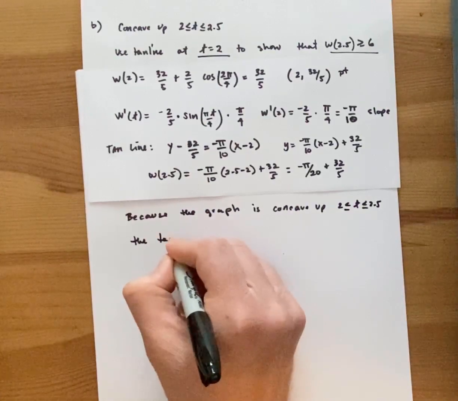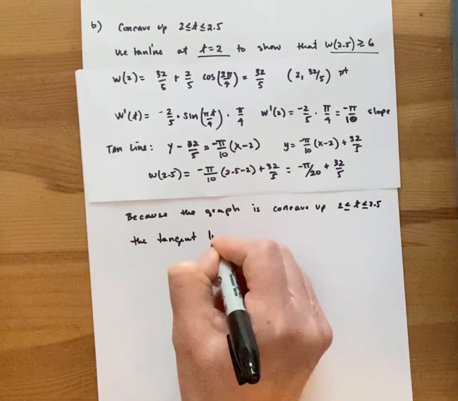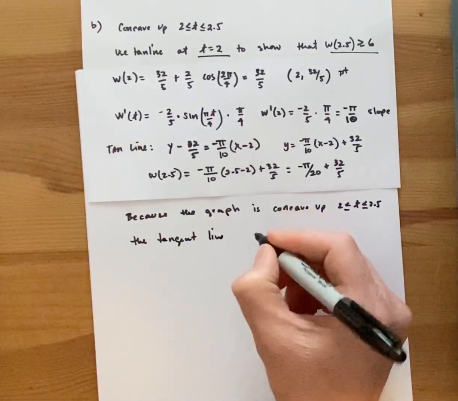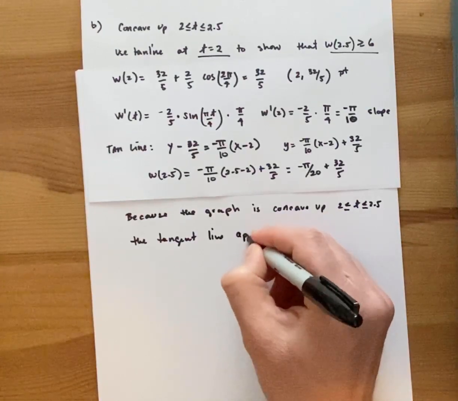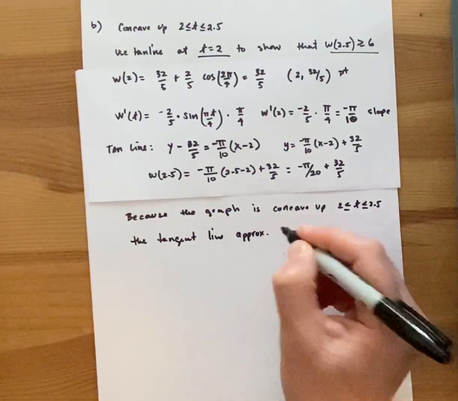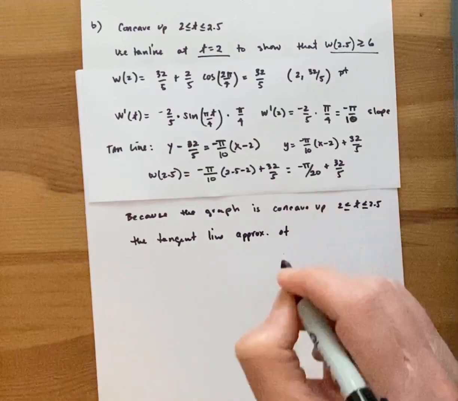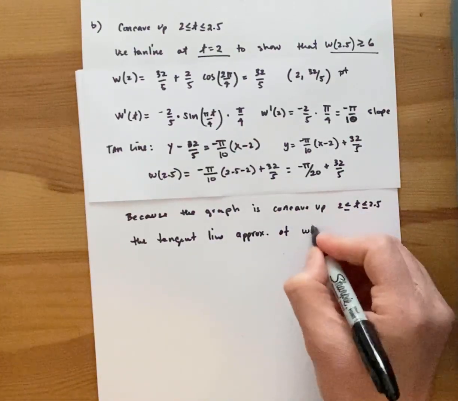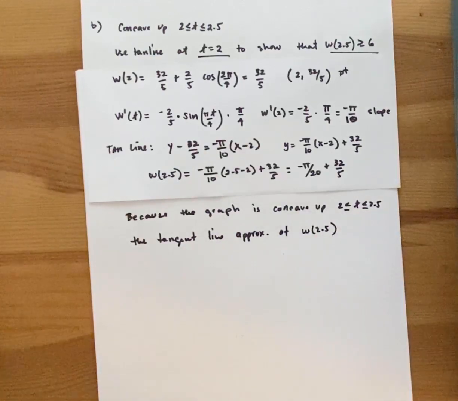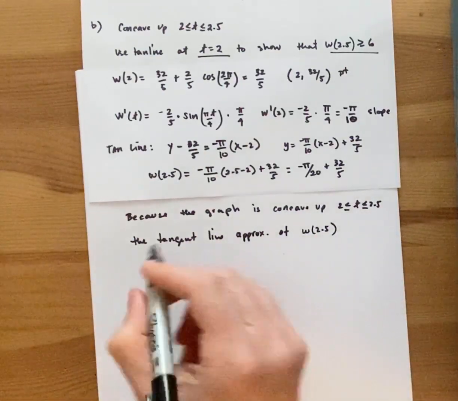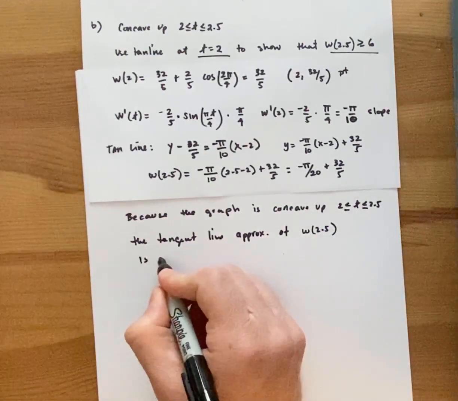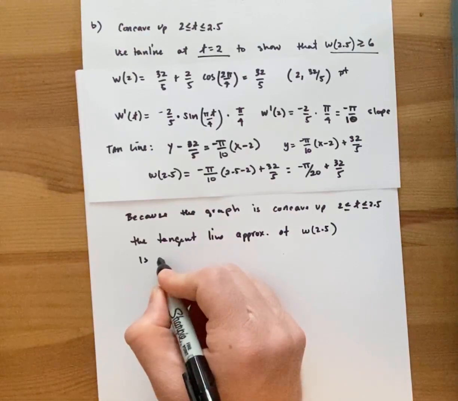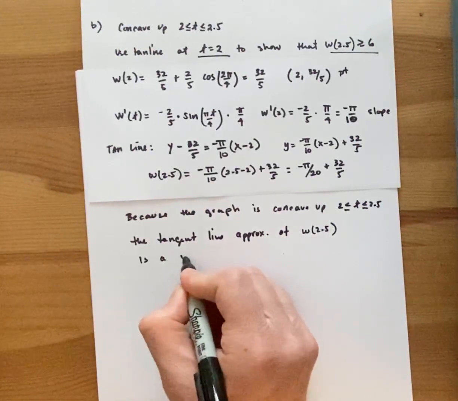The tangent line approximation of the w of 2.5 is an underestimate.